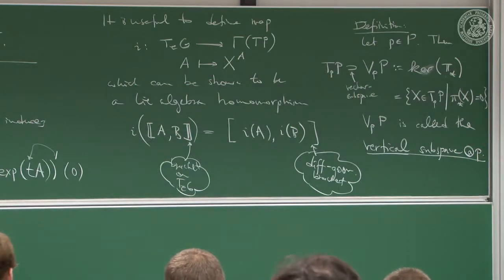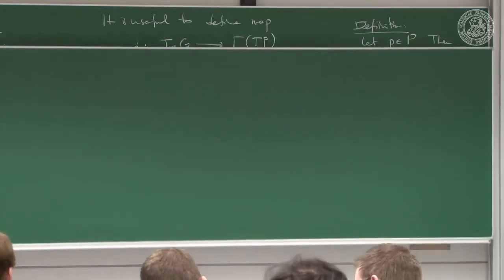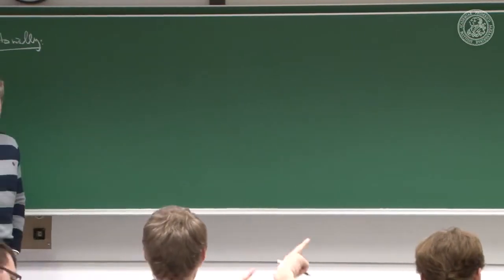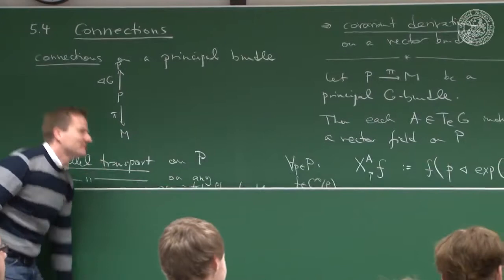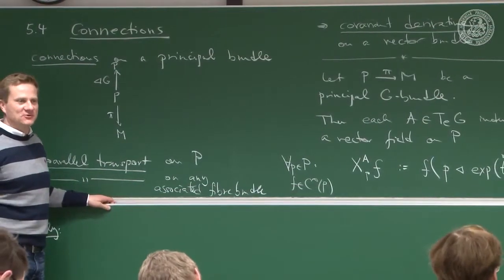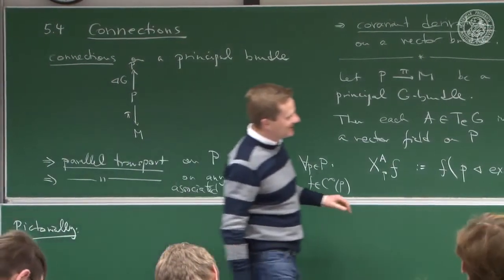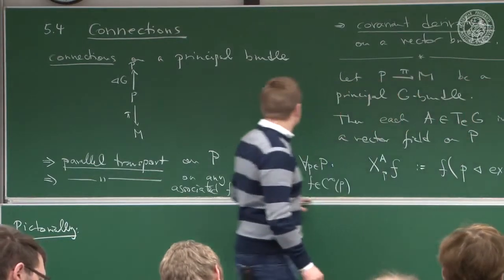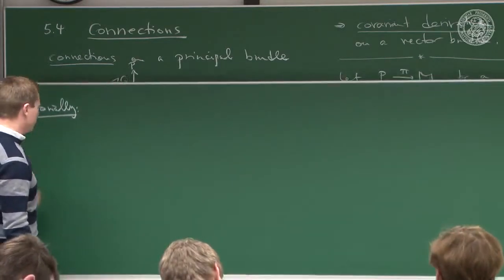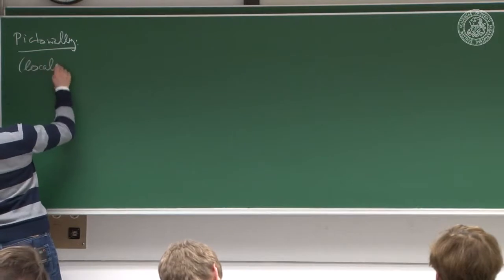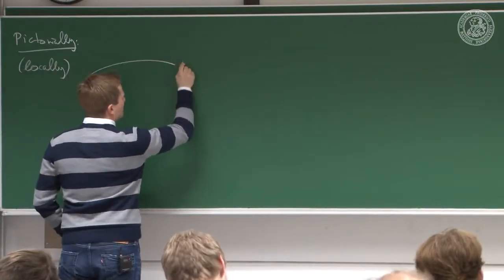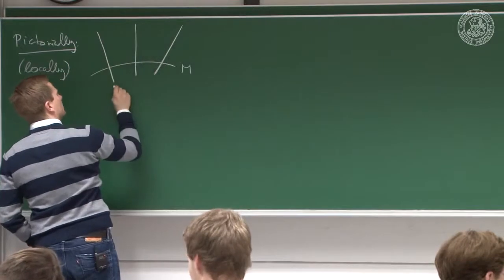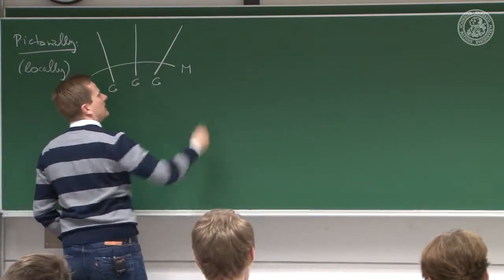Now let's try to get an idea of how that looks. Pictorially, if you draw a picture locally, so these pictures usually only work locally, there's a piece of the base manifold, and our principal bundle consists of attached fibers of the group at each point.